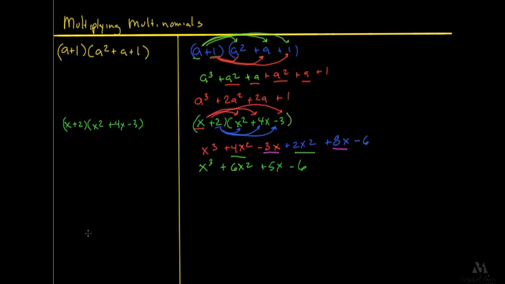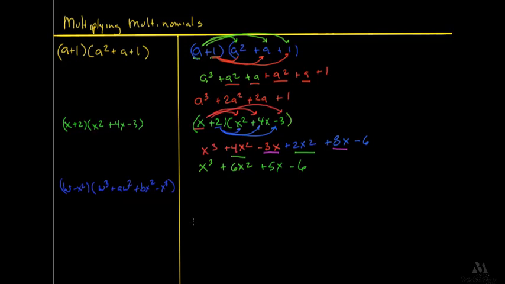All right, so let's give this one a shot. We're going to do w minus x squared times w cubed plus a w squared plus b x squared minus x to the third. There we go.